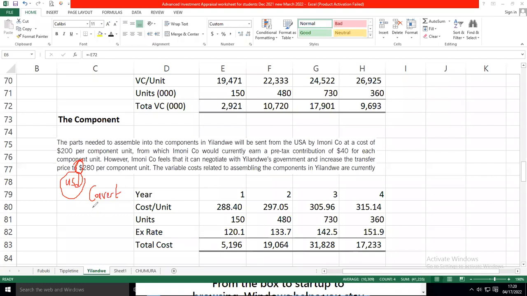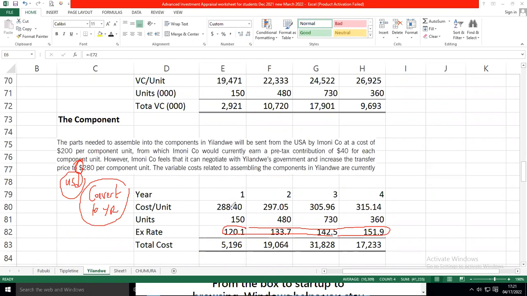Need to convert. To convert to what? To the rand. The good news is that they gave us the rates.